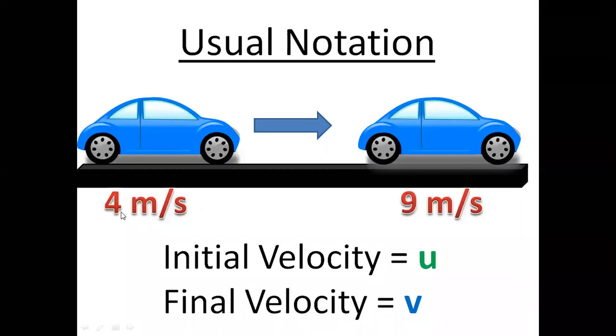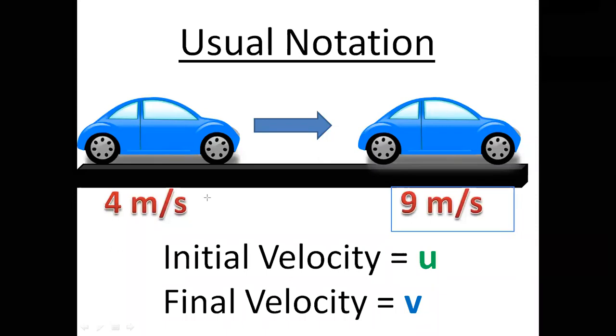It had some velocity 4 before some time, and after traveling some distance, the velocity became 9 meter per second. So initially it had 4, later on it became 9 meter per second. The initial velocity is 4 meter per second and the final velocity is 9 meter per second. ठीक है, so 4 is initial, 9 is final.